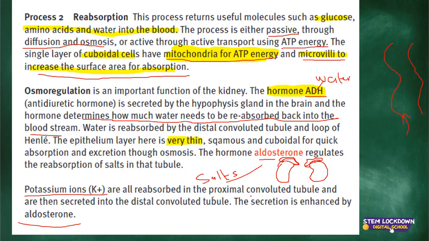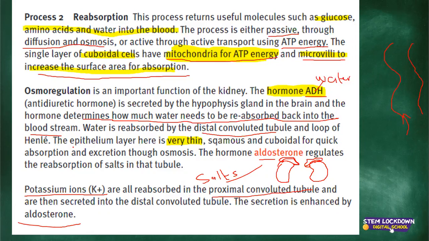But this one is reabsorbed in the proximal convoluted tubule, as opposed to where the water is reabsorbed. The water is reabsorbed in the distal convoluted tubule and the loop of Henle. But this one is reabsorbed in the proximal, and then secreted into the distal. At the end of the day, all of them will end up in that distal convoluted tubule, right?